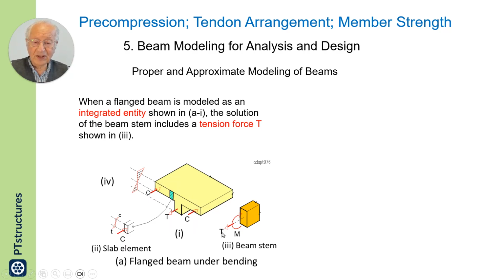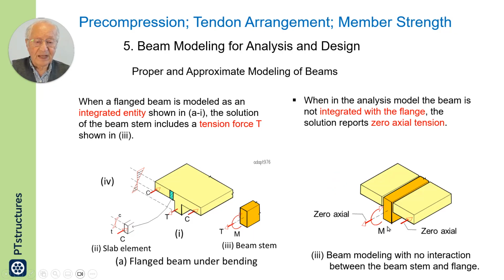If the software doesn't give tension in addition to bending, it means that in the background, the software did not model the geometry as shown here on the left. It modeled it by putting the stem centered on the flange.